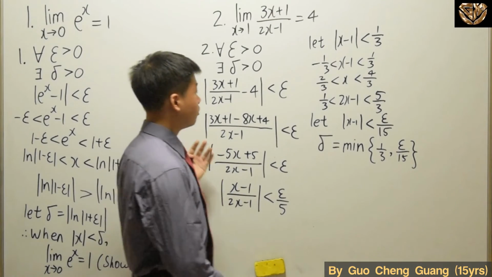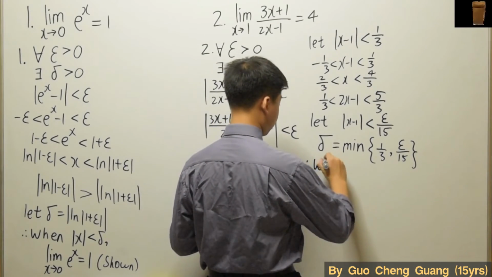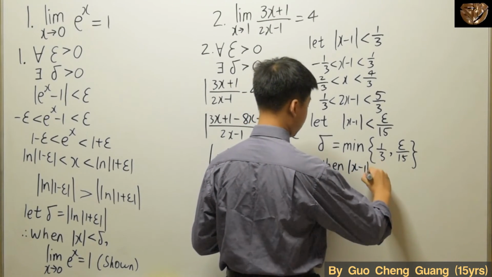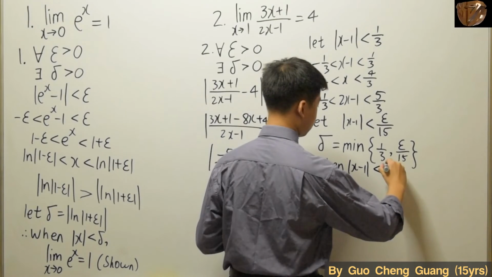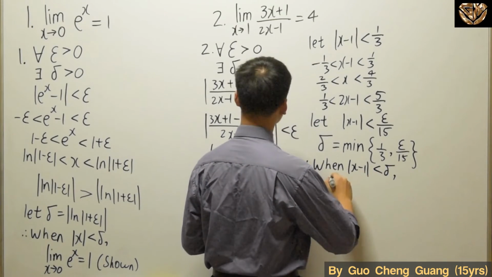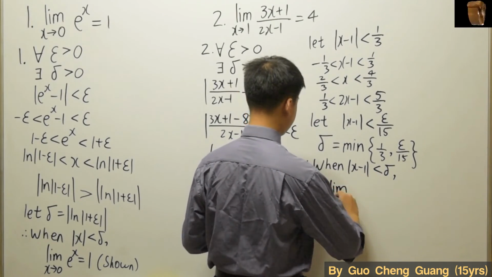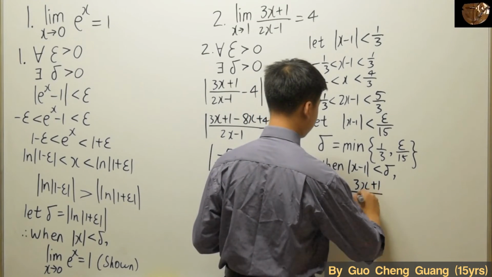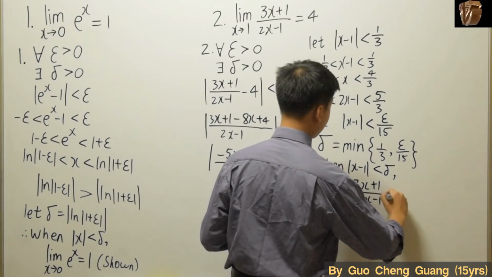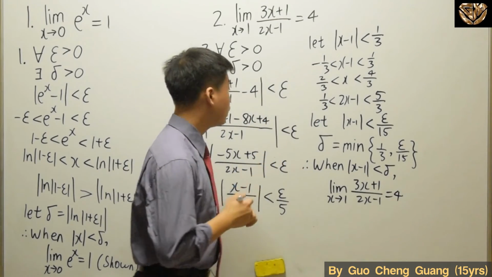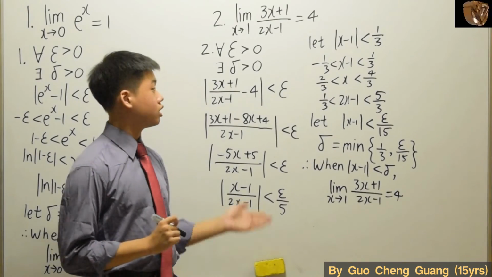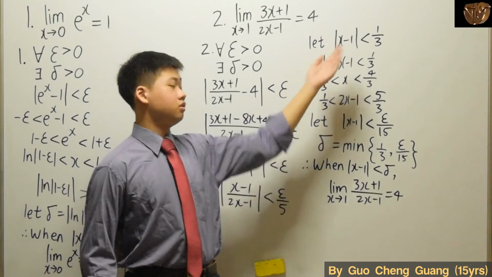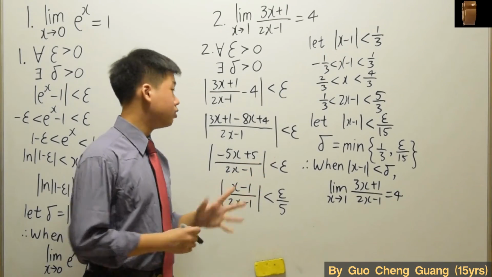But other than that, when |x - 1| is smaller than delta, the limit as x approaches 1 of (3x + 1)/(2x - 1) would be equal to 4. Alright, so that would be how you solve a question of this kind. Of course, you can just keep on experimenting with different values.